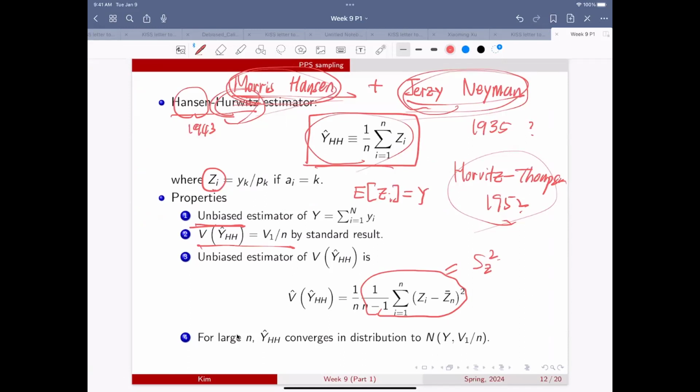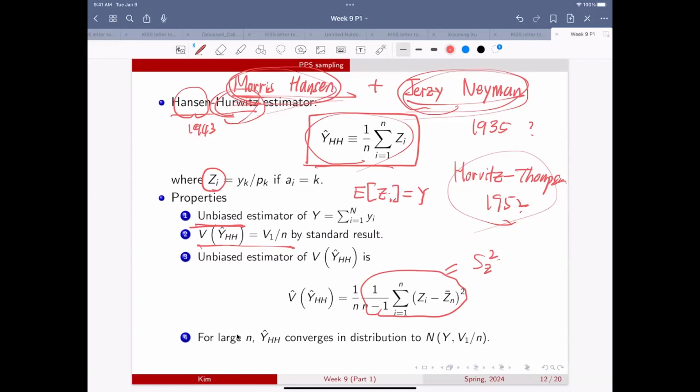You mean the one over n here? The one over n of the summation of Z_i? It could be written as the summation of 1 over n times p_k times y_k.